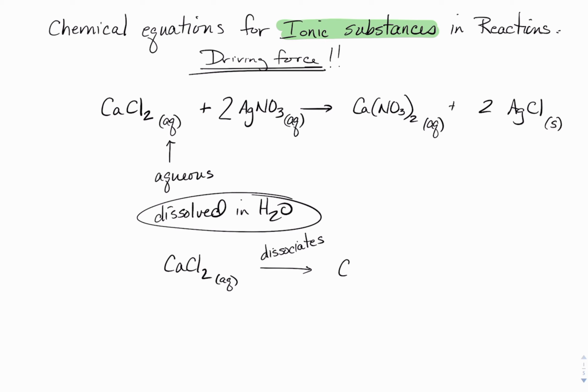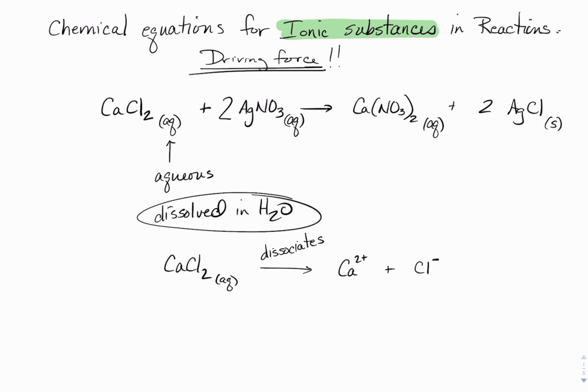The cation would be calcium 2+, and we know it's a 2+ charge based on the fact that it's a group 2 element, and then it will also produce the anion chloride, Cl-. Now there is no such thing as a Cl 2-. It's just that there are 2 chloride ions in the substance.